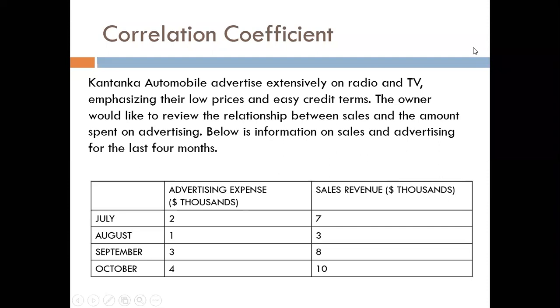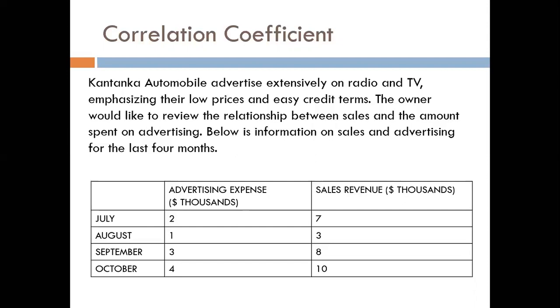Now we have an example. We have an engineering firm, Kantanka Automobile, which advertises extensively on TV, emphasizing their low prices and easy terms of payment. The owner would like to review the relationship between the sales they make and the amount they spend on advertisements.